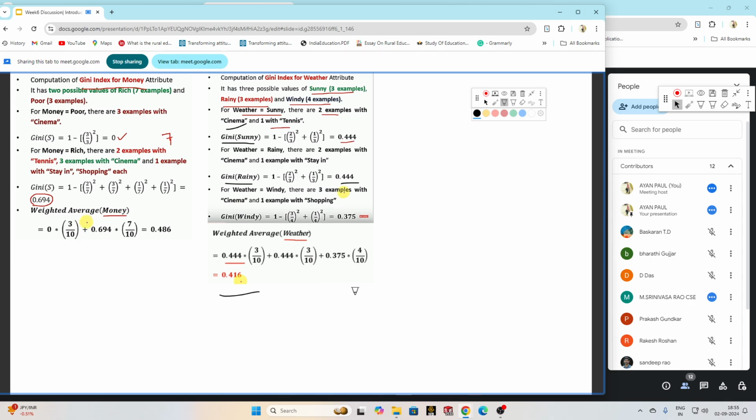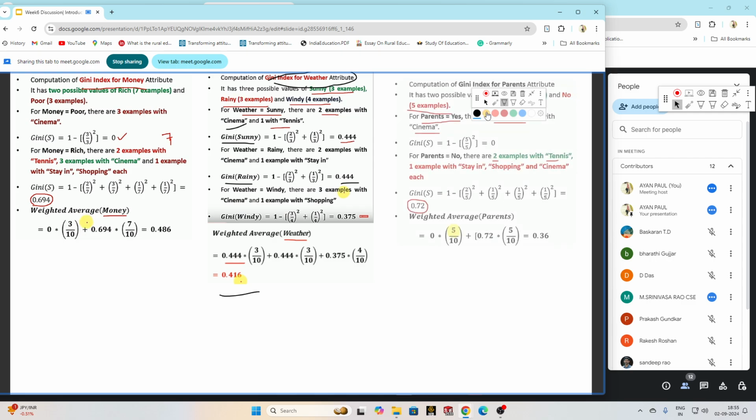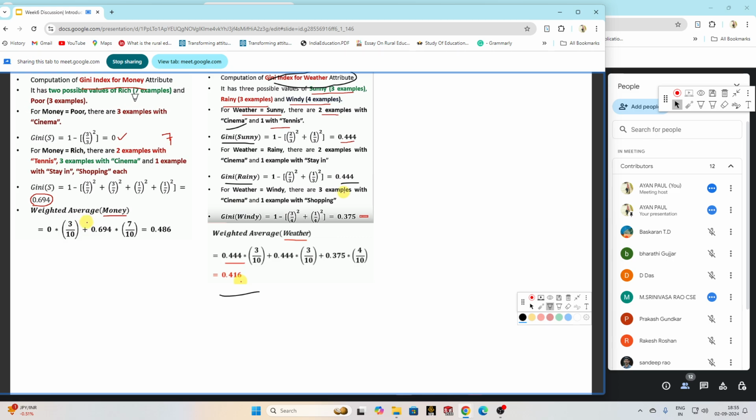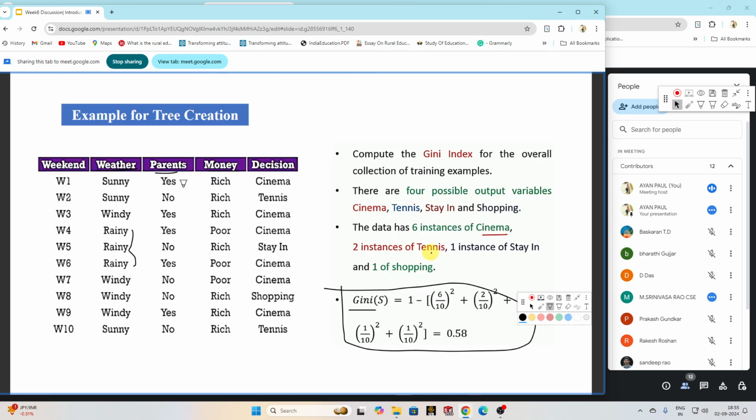Okay. Now similarly, we have calculated the Gini index for the weather attribute. So one attribute we have calculated. Very similarly, we will find the Gini index for money as well as the Gini index for parents. For money we have only 2 classes, rich and poor.